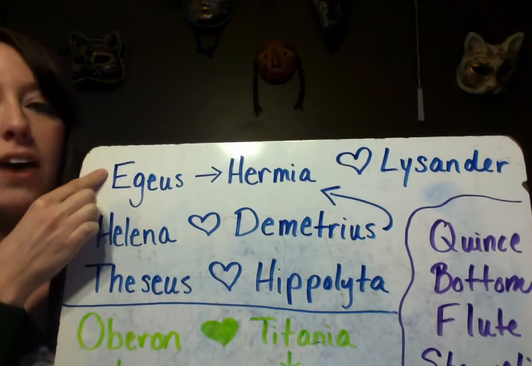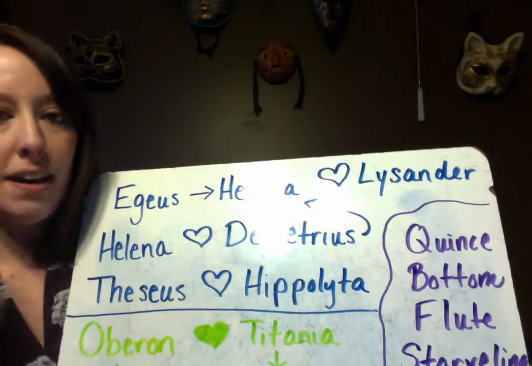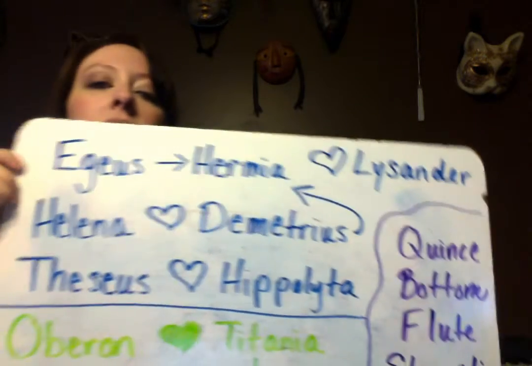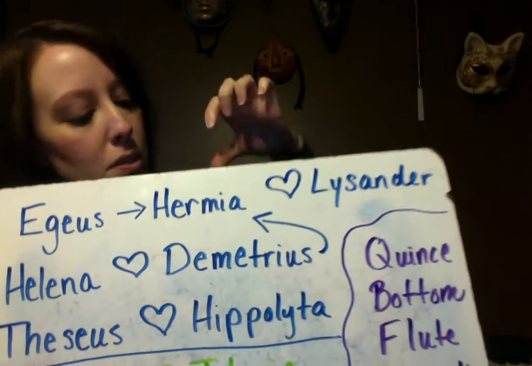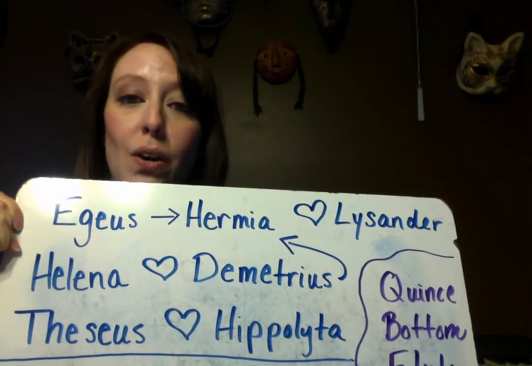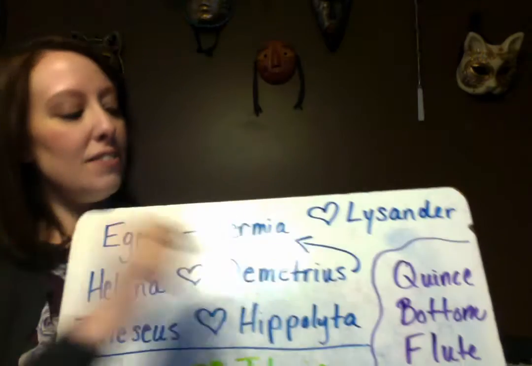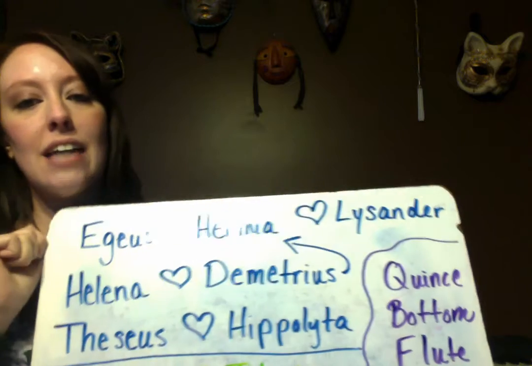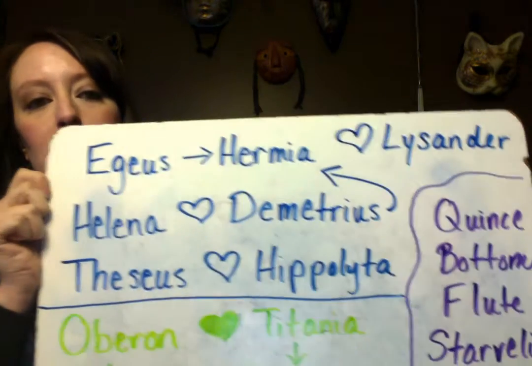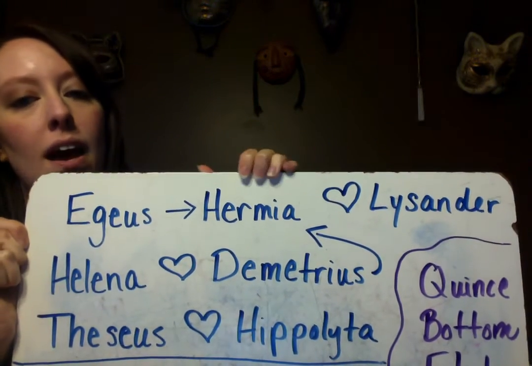And then up here you have Aegeus. And Aegeus has a daughter named Hermia. And Hermia is now supposed to marry Demetrius. Demetrius wants to marry Hermia. Hermia's not so keen on the idea. She loves Lysander over here to the side. So Hermia wants to marry Lysander. Her dad's like, no, you need to marry Demetrius.